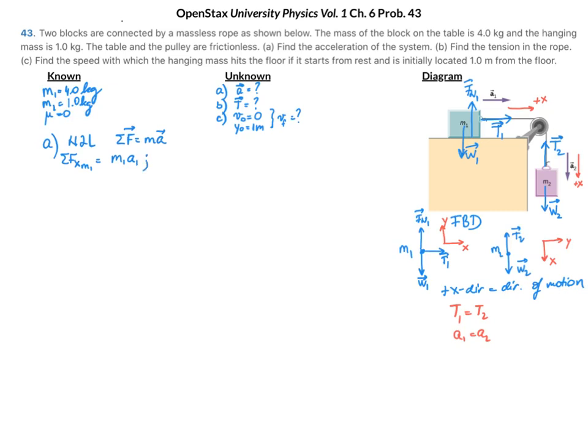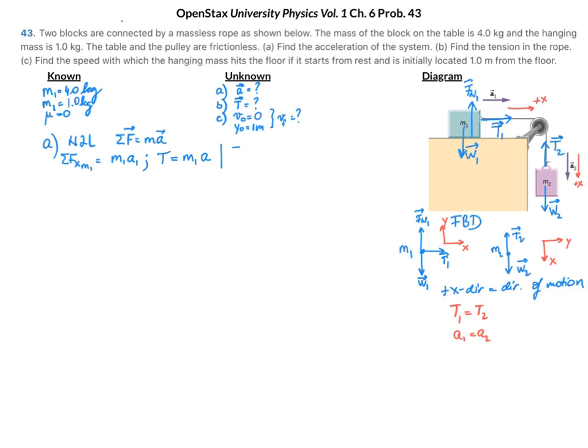Now the forces that act on M1 in the x direction, so the x direction is to the right, we only have a single force acting to the right, and that is tension 1. How about I just call it tension, is equal to mass 1 times acceleration, because I said A1 equals A2. So that's all I can write for mass 1 in the x direction.